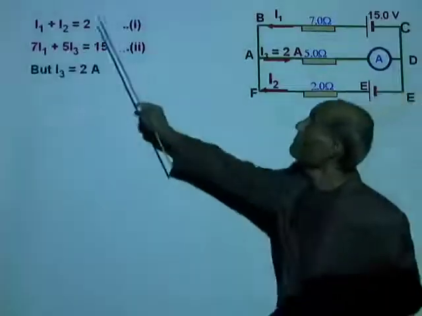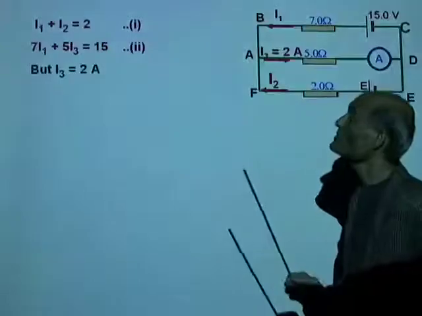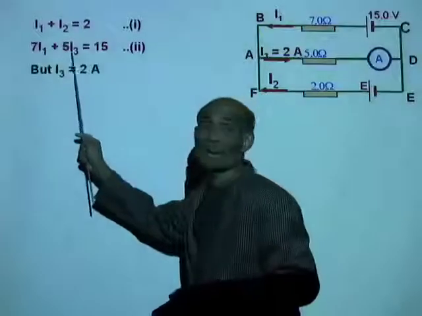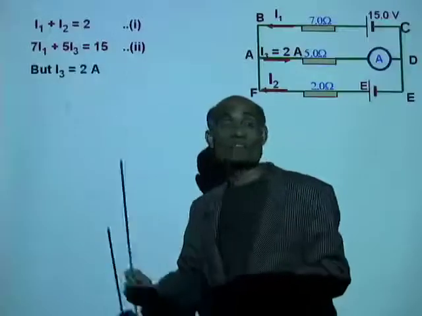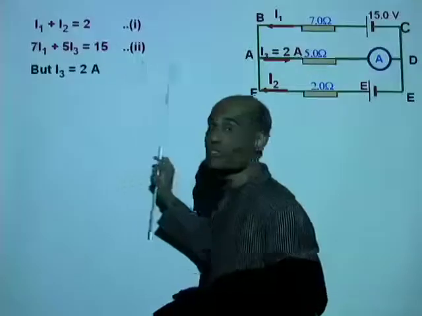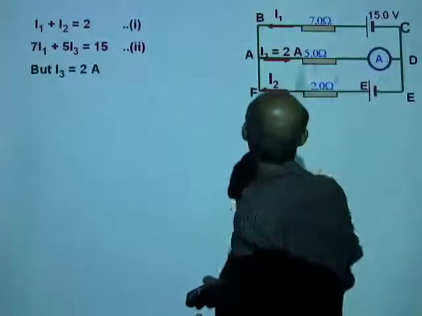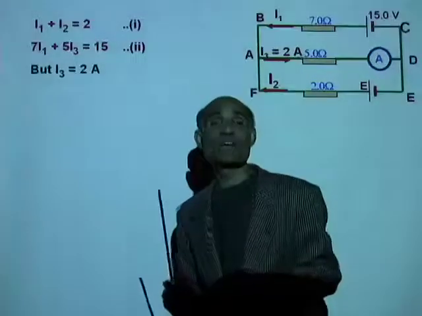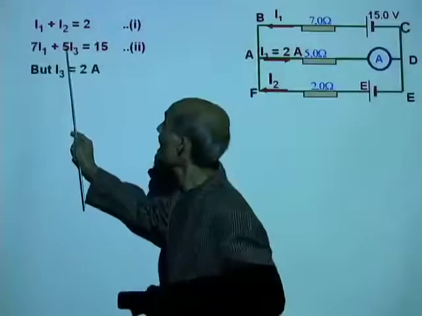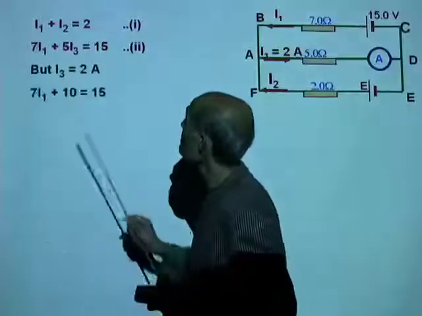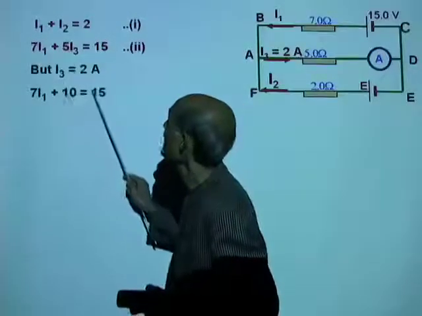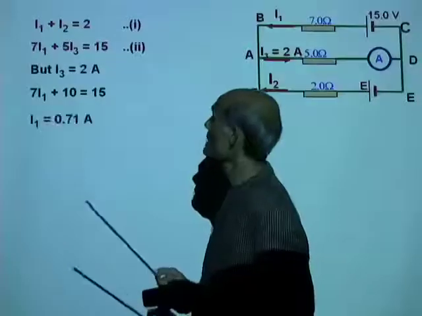Okay, I have picked the two equations there. But, you know, you can right away solve equation 2. You know how? Because you know the value of I3. We have been told that I3, the current in the ammeter, is 2 ampere. So use I3 equal to 2 ampere there. We have 7I1 plus 5 times 2, 10 equal to 15.